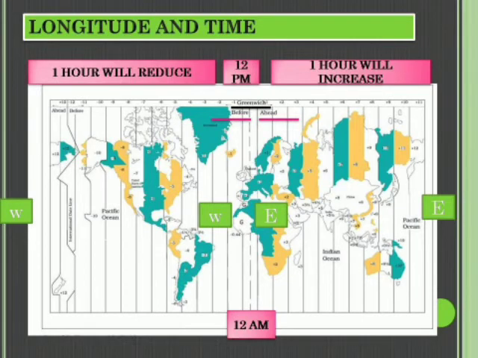See the next picture. For example, if it is 12 p.m. in Greenwich, then on the east side of our earth 1 hour will be added for each longitude, and also 1 hour will be reduced on the west side of our longitudes, and just opposite we get 12 a.m., that means midnight.